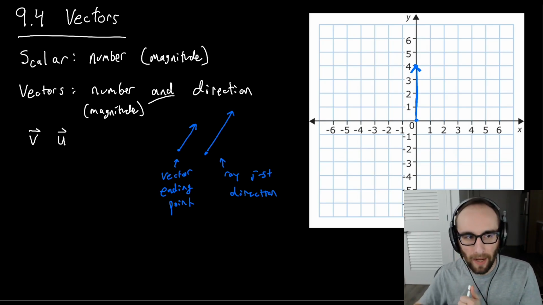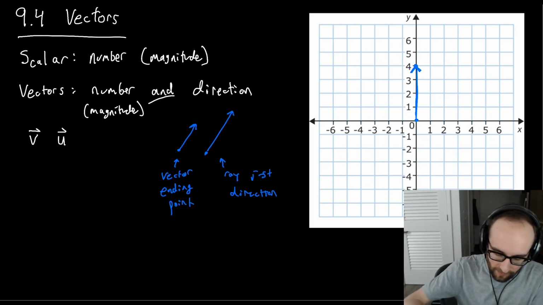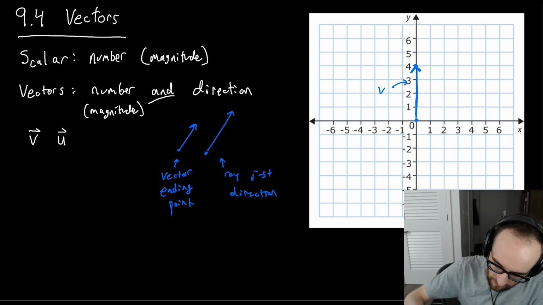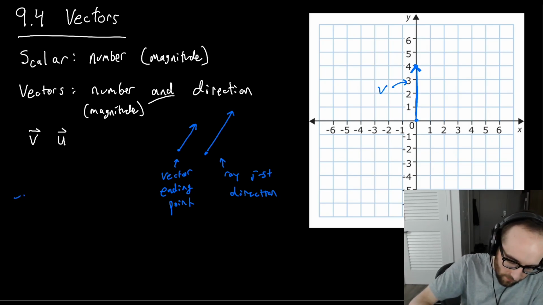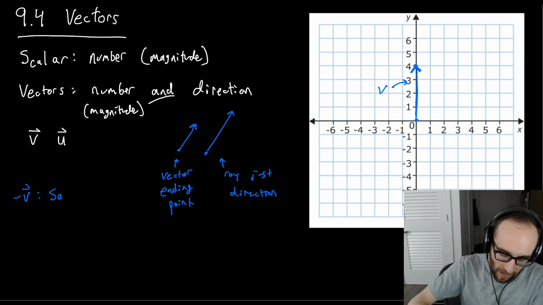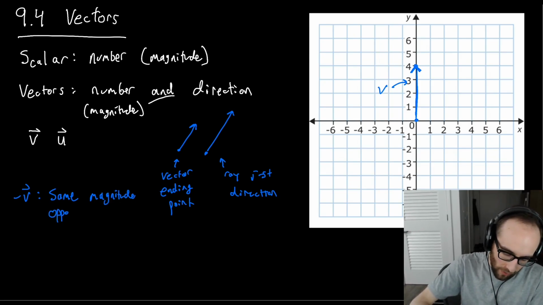Okay, let's take a look at negative vectors next. Let this vector be called vector v. What negative v means is that we have the same magnitude. So the magnitude doesn't change, but the direction is opposite.